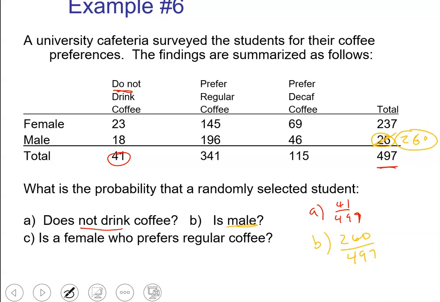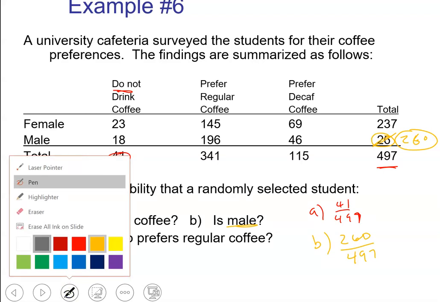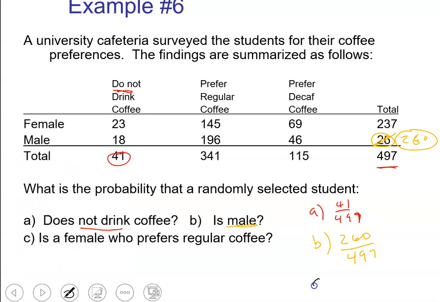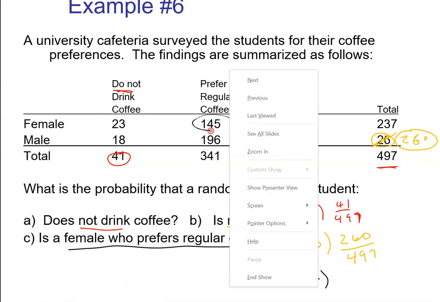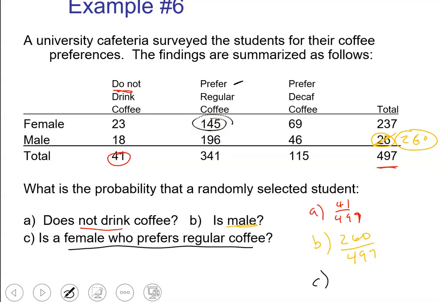I'm not going to have you actually validate the numbers in there. 260 out of 497. Okay. And let's do female who prefers regular coffee. So who prefers is in this column, but female is here. So we're looking here at 145. So 145 out of our total number of 497.